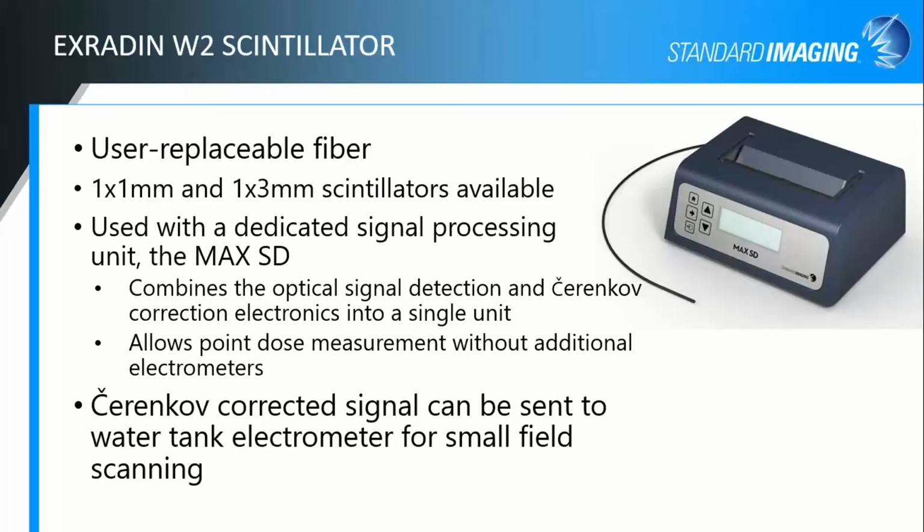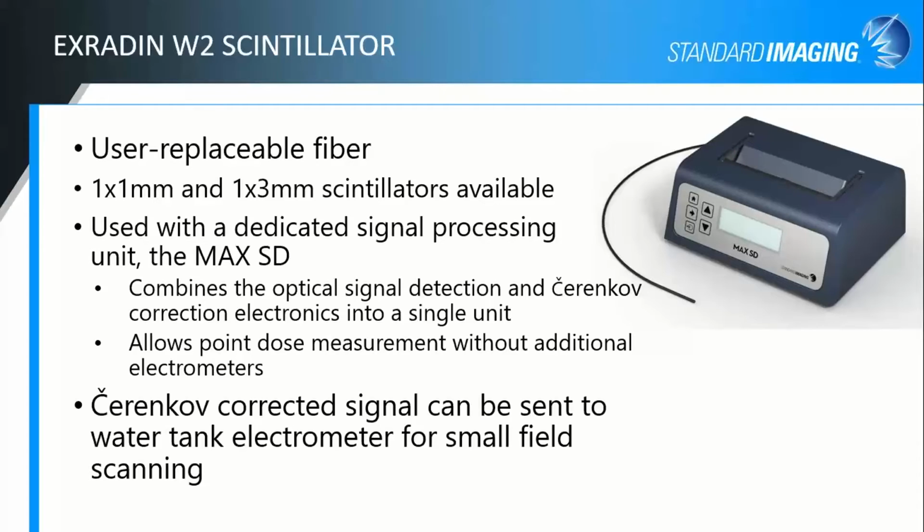If you'd like to scan with it, you want to collect the data on your water tank scanning system. You want that electrometer to register the signal from the scintillator, but of course it doesn't take in an optical signal. It doesn't have the smarts or the programming to be able to do the 2-channel correction.